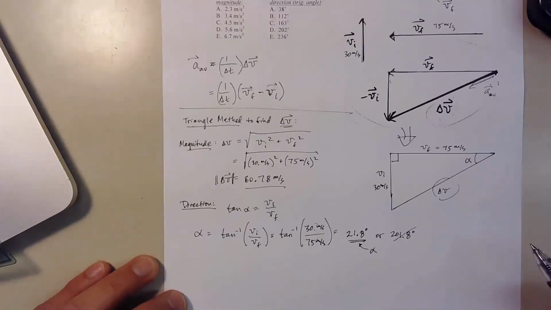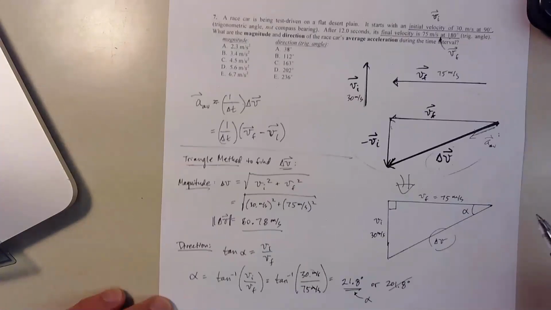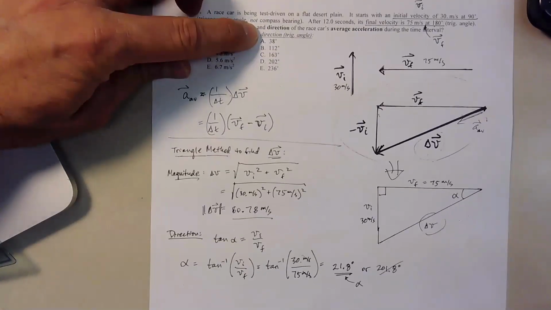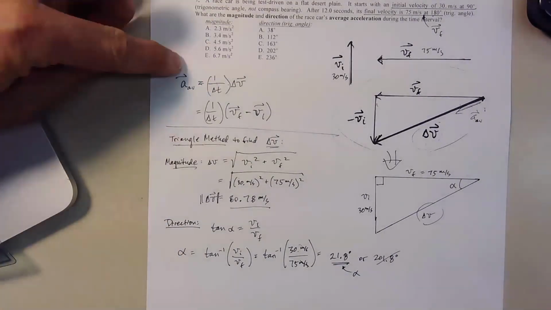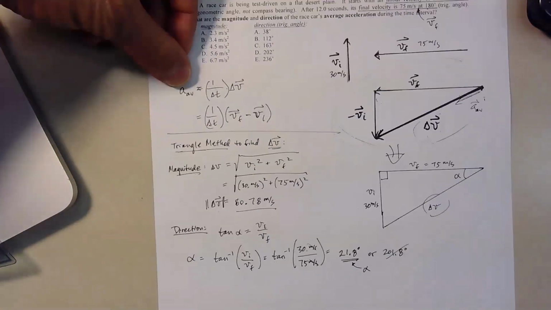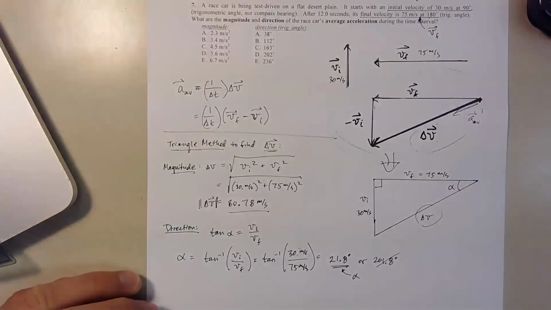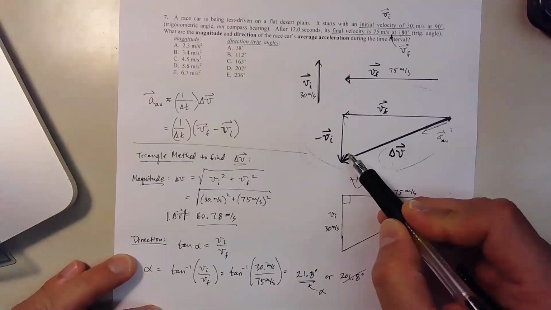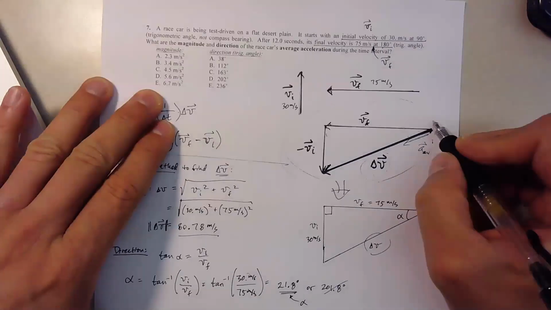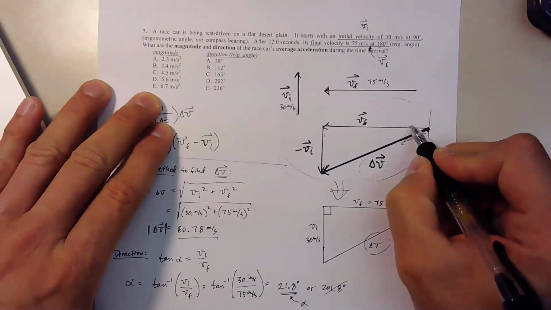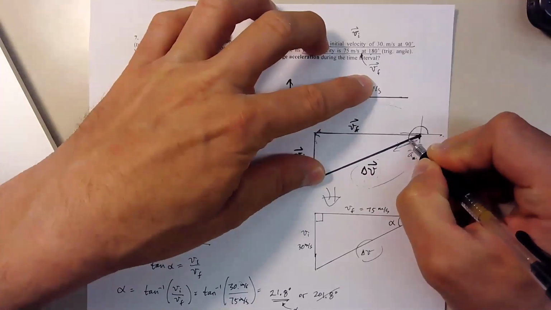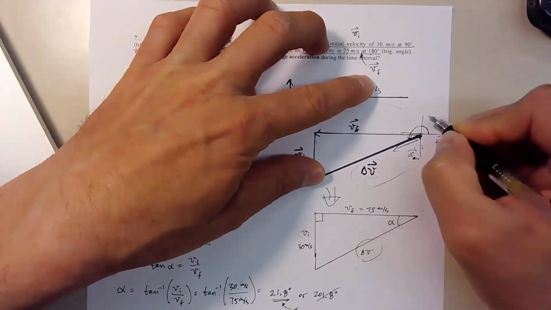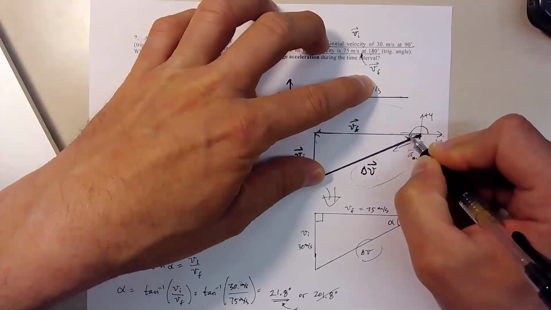But I'm not quite done because that's not the trig direction. Notice how all of our answers are looking for trig angles. So looking down the road, I know I'm going to need the trig angle for the average acceleration, which means I want the trig angle for delta v as well. So how will I get the trig angle of this delta v vector? Well, if I put it at the origin, the trig angle is all the way around from the positive x direction to the vector.